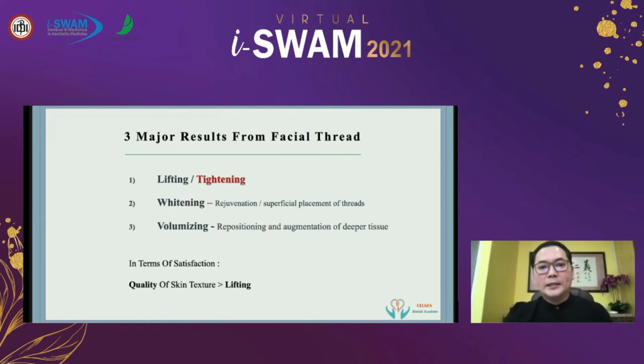Second, a whitening effect: if you place the threads more superficially, you have a skin rejuvenation purpose, so you have the whitening effect. Third, if you are doing more targeted volumizing, you need repositioning or augmentation of the deeper tissue. So these are the 3 major results that we can get from the facial thread.